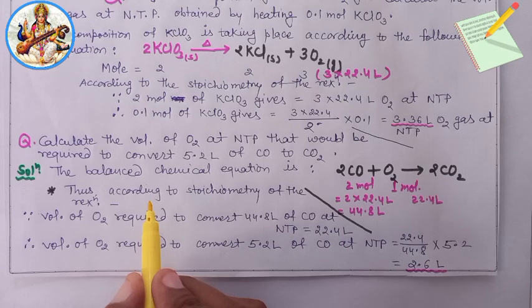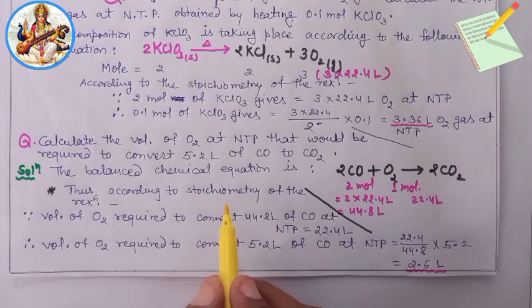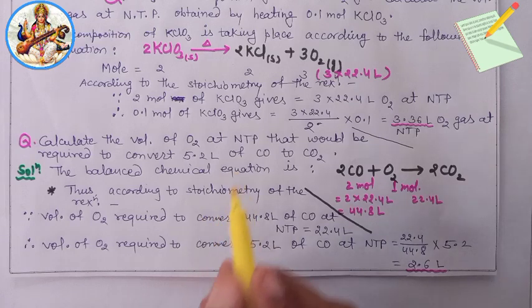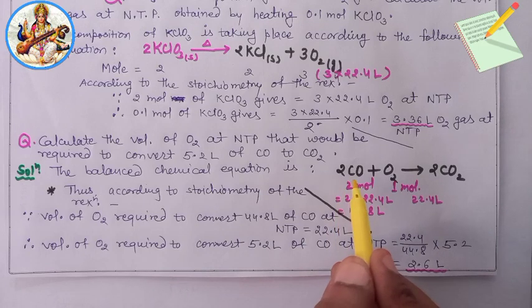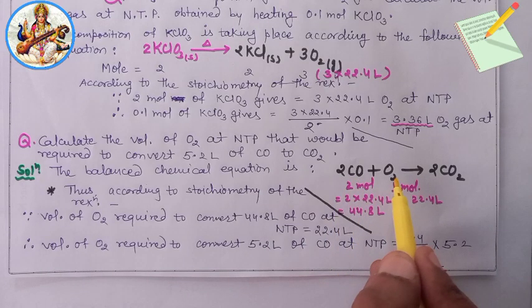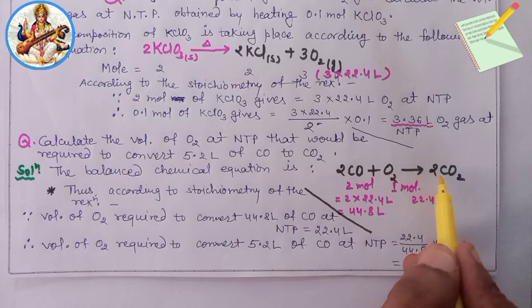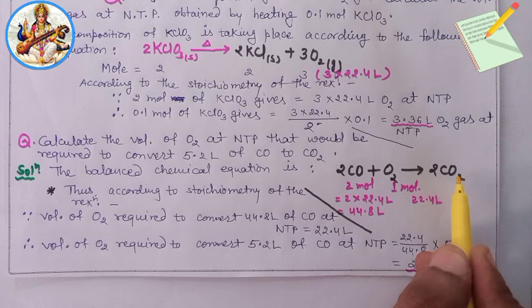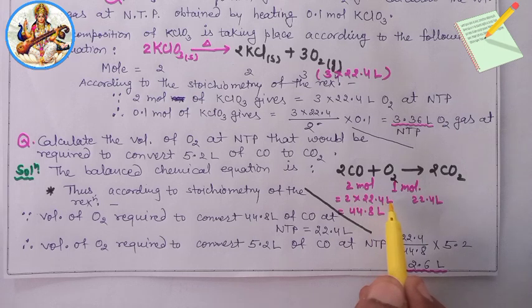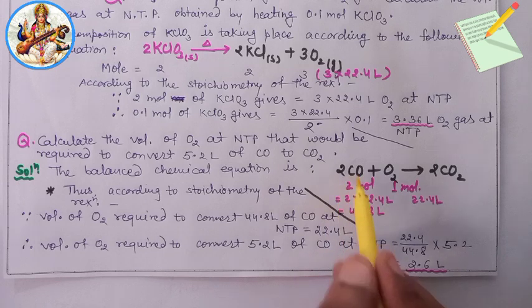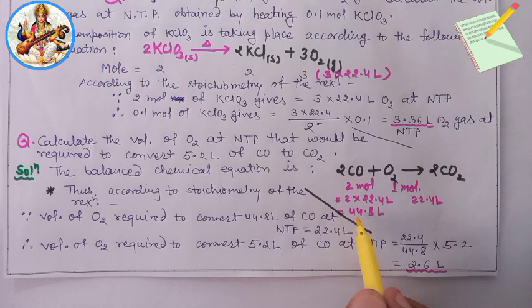The balanced chemical equation for conversion of carbon monoxide to carbon dioxide is: 2 moles of carbon monoxide react with 1 mole of oxygen and are converted into 2 moles of carbon dioxide. 2 moles means 2 into 22.4 liter.